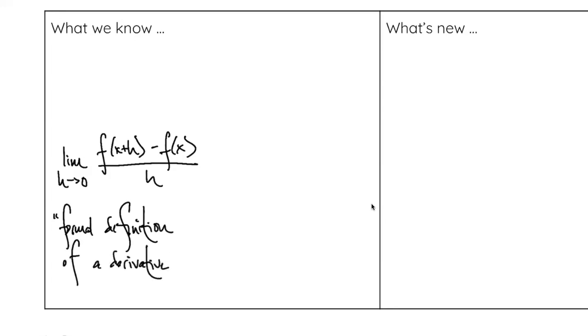I don't know how long ago Calc 1 was for each of you, but this formal definition was an important juncture in your mathematical career, because basically you set the stage for the idea of slope, right? When we think about derivatives, we're really thinking all about the slope of a function.